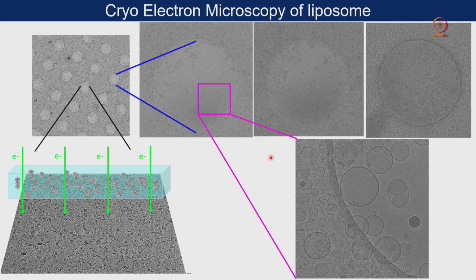At 45K you can see those individual liposomes, and both the layers are clearly visible. You can see many liposomes attached on the carbon, but there is a lot of background here. If you pay attention, there are a lot of spikes which make the surface of the liposome very non-uniform.